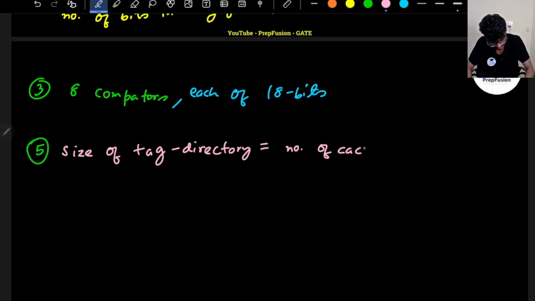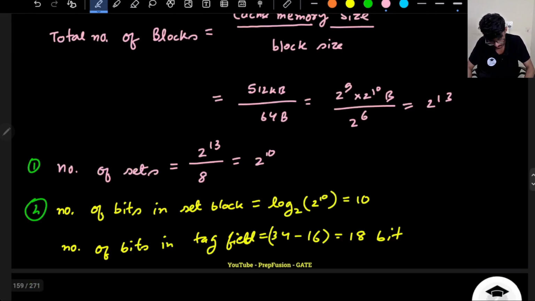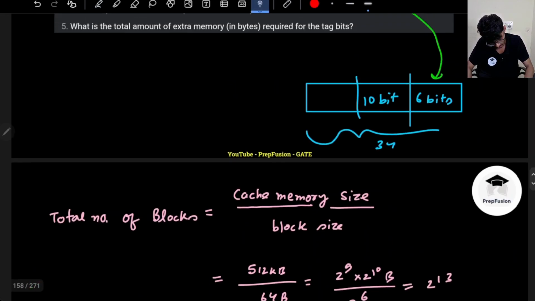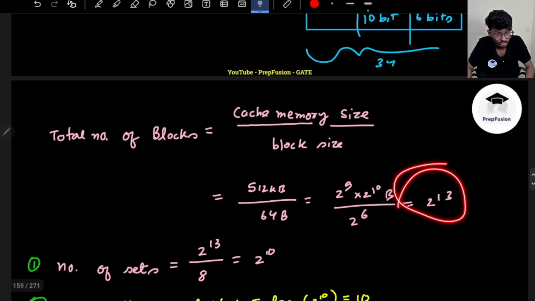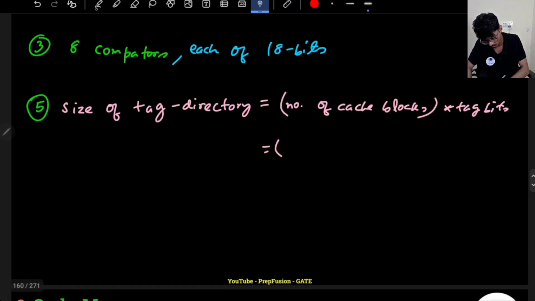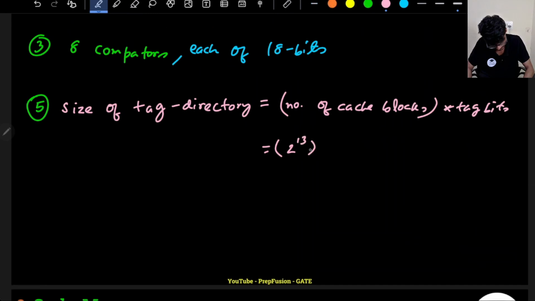If you remember, for each cache block I have to store the tag in the tag bits. So what is the number of cache blocks? The number of cache blocks is 2 raised to power 13. So it is 2 raised to power 13 into the tag bits. Tag bits is 18. So it will be 2 raised to power 13 into 18 bits.